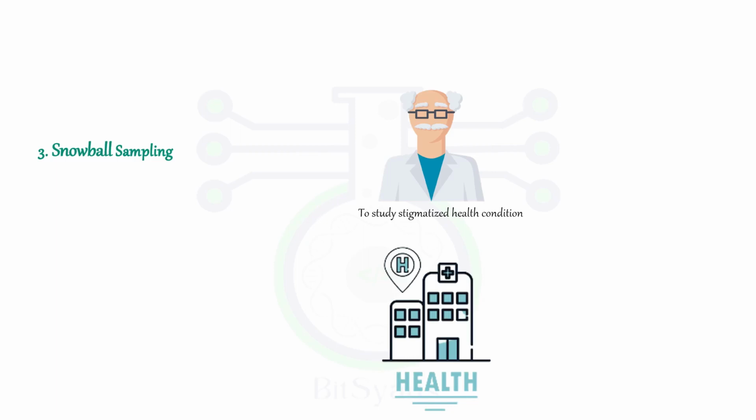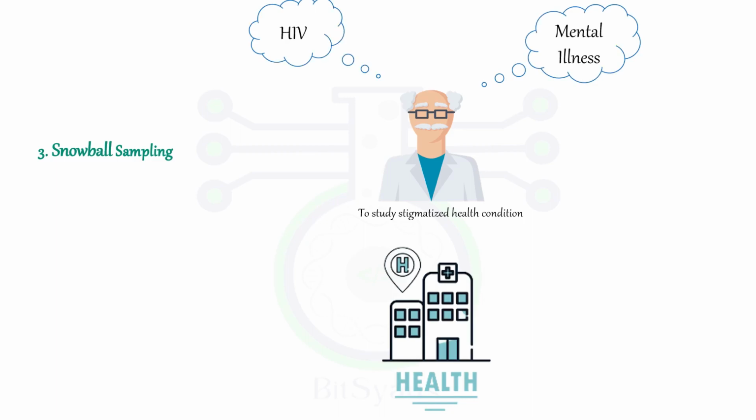Suppose a researcher wants to study the experience of individuals living with a stigmatized health condition such as HIV or mental illness. To recruit participants, the researcher could reach out to particular organizations or support groups of individuals with the condition and ask them to distribute the study information to their networks.